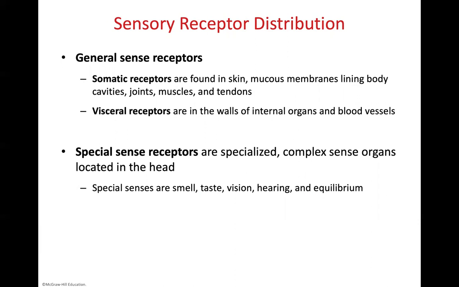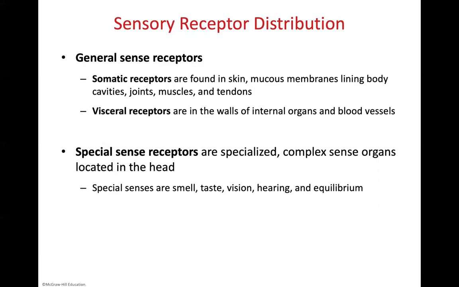So general sense receptors, they're the ones that are found all over the body. The somatic ones are the ones that we're aware of. So they're found in the skin, the mucous membranes lining the body cavities, joints, muscles, tendons, and these are monitoring a variety of stimuli, including texture, pressure, temperature, pain, vibration, stretch.